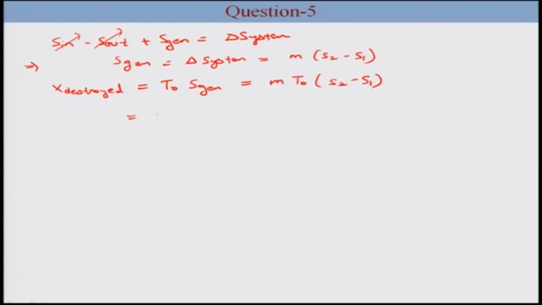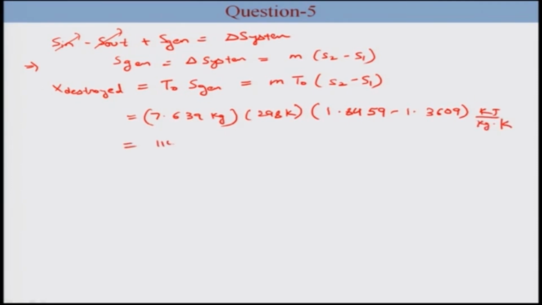Putting all the values: m is 7.639 kg, T naught is 298 Kelvin, S2 is 1.8459 and S1 is 1.3609, in kilojoule per kg Kelvin. So this value comes out to be 1104 kilojoule. So exergy destroyed is 1104 kilojoule.